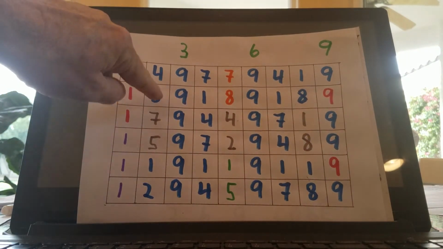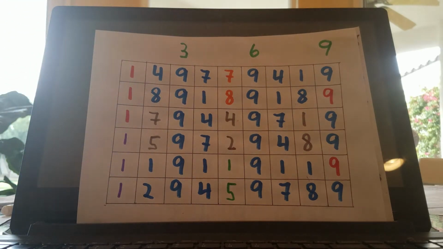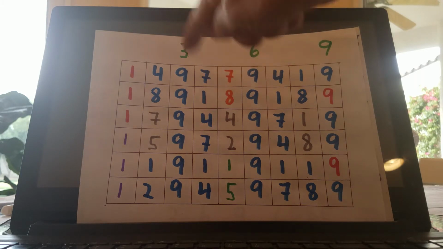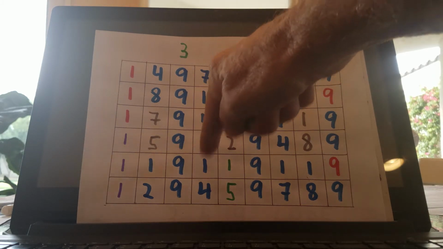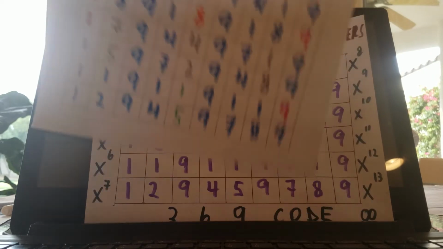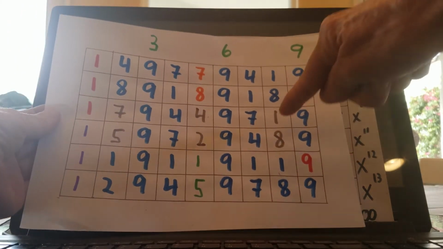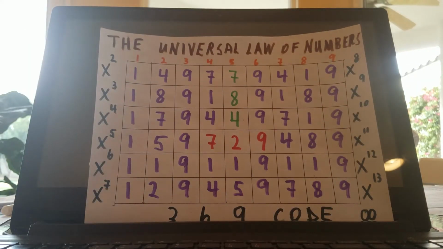Obviously, these are 3s: 8 and 4 is a 3, 7 and 5 is a 3, 1 and 2 is a 3. So it'll be the same way throughout. 7, 1, 4 is a 3. 7, 1, 4 and 7, 1, 4 is a 6. And actually 1 and 8s are 9s as well.